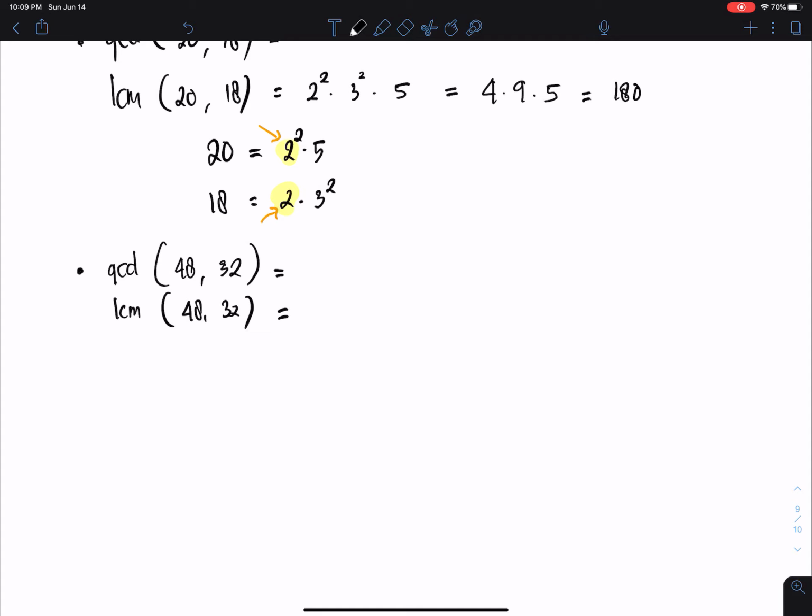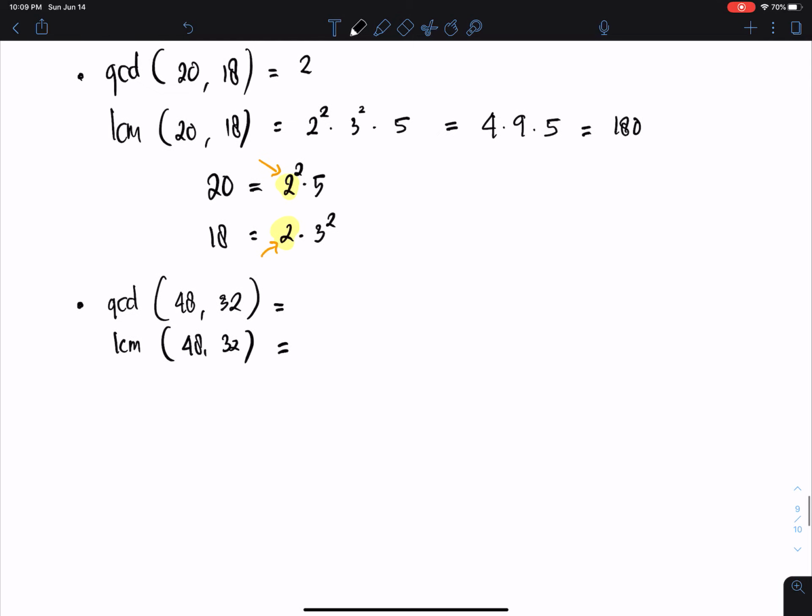Now, as mentioned earlier, we find the prime factorization first. For 32, I can't remember, so we just do manual calculations. 32 is 2 times 16, and 16 is 2 times 4.